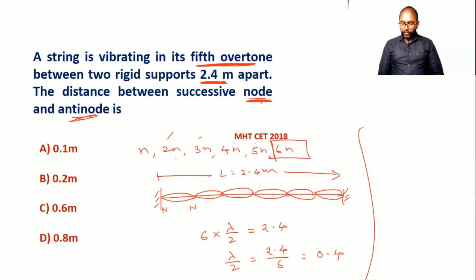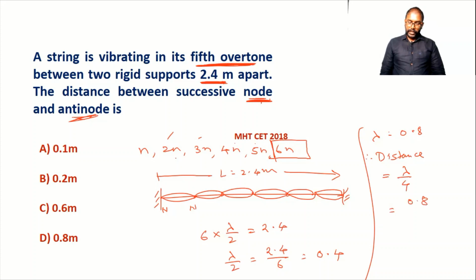So here lambda is equal to 0.8. Hence the distance we have to find is lambda by 4, so 0.8 by 4 comes to 0.2. So 0.2 is in option B. So option B is the right option.